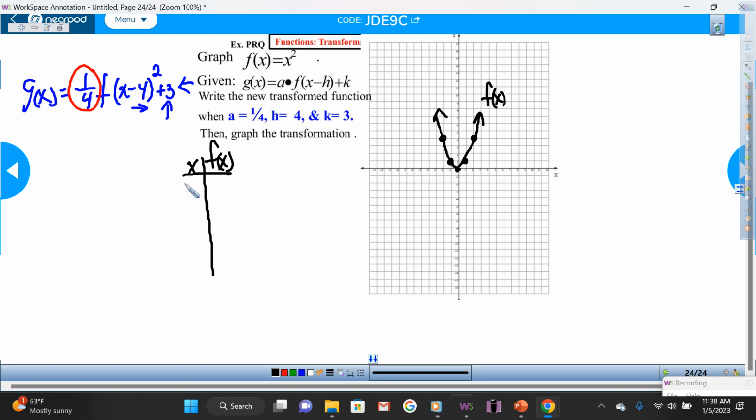What x values? Negative 2, negative 1, 0, 1, 2.